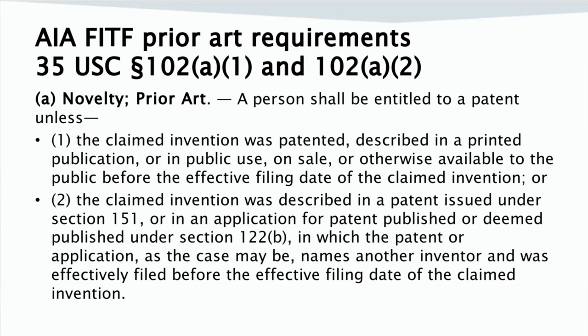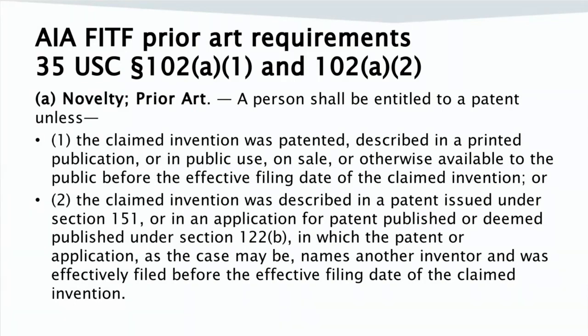Section 102(a)(2) allows U.S. patents, published U.S. patent applications, and published PCT applications that name another inventor to be used as prior art if they were effectively filed before the effective filing date of the claimed invention under examination.